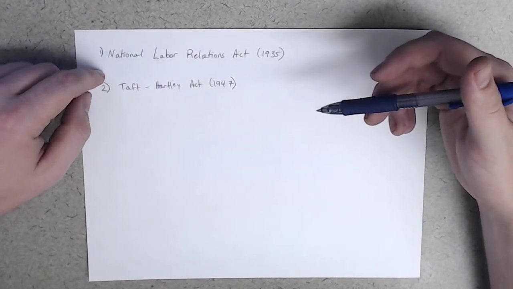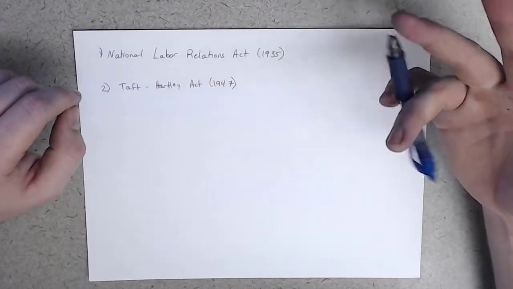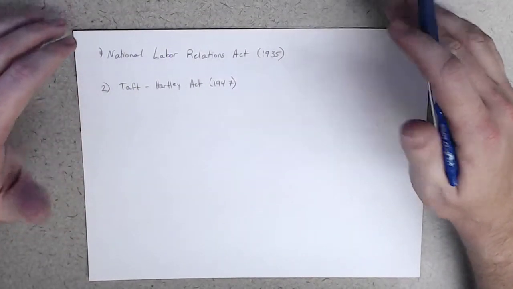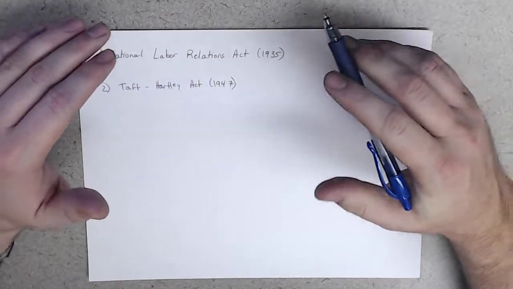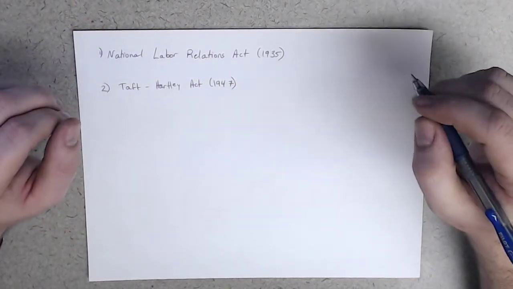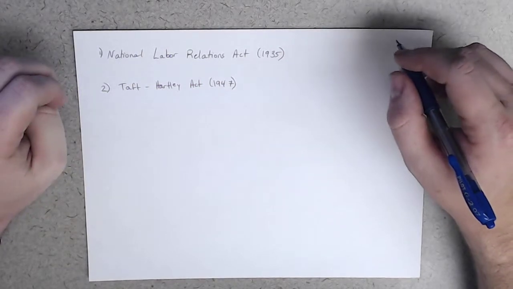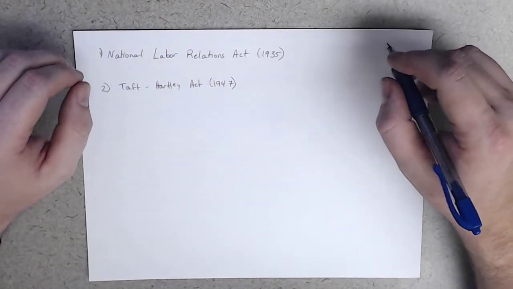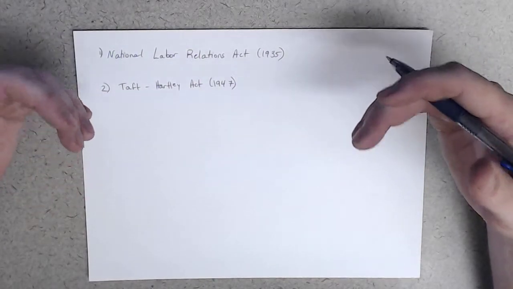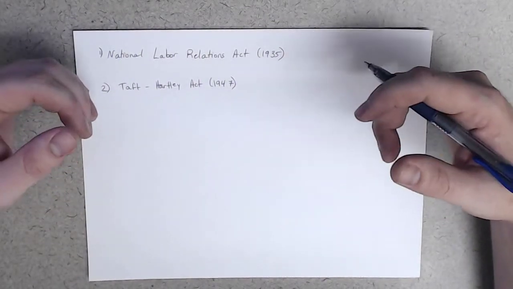Okay? Now, it's important to recognize that laws of this sort don't prohibit unionization. Okay? So, right-to-work laws do not say that unionization is illegal. They only prohibit requiring people to join a union as a condition of employment. Okay? So, for example, Michigan recently voted to become a right-to-work state, right?